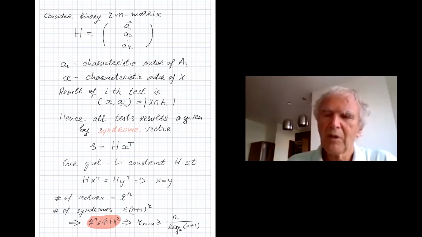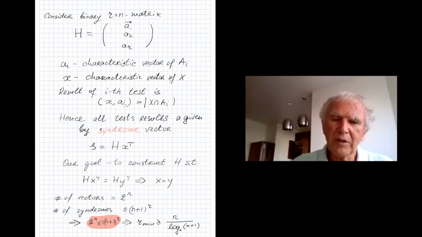So consider the Hamming space, and then check that, of course, this scalar product with a_i, which we know, is the same, in fact, as the Hamming distance between vectors x and a_i, in the following sense.